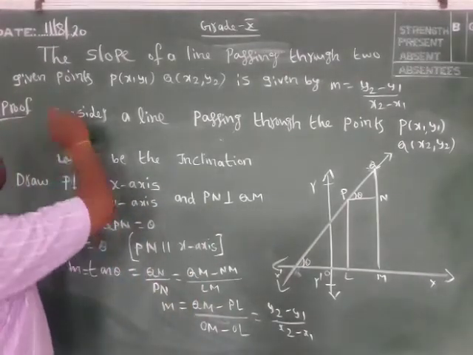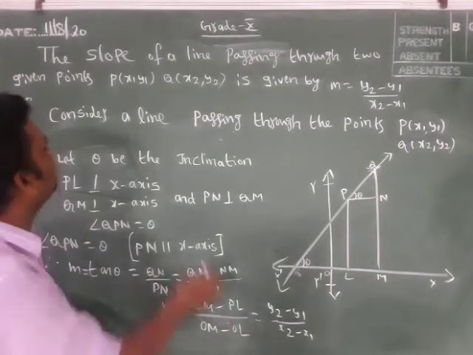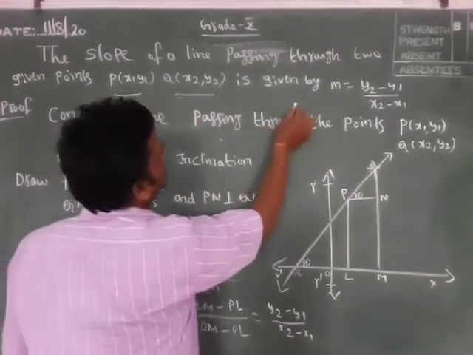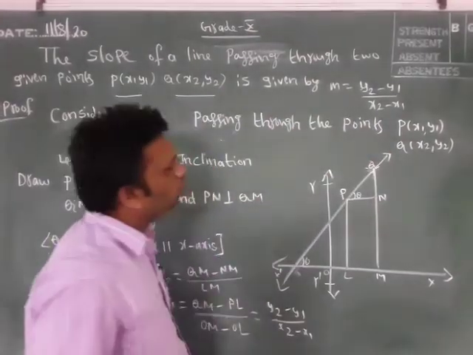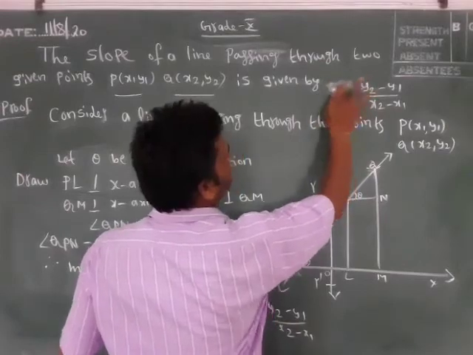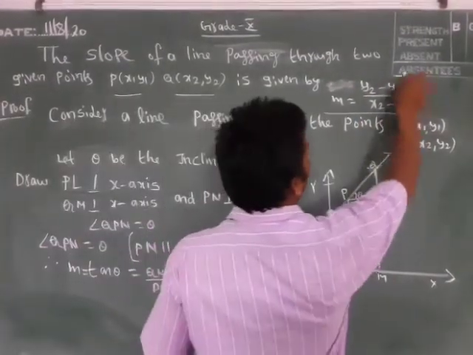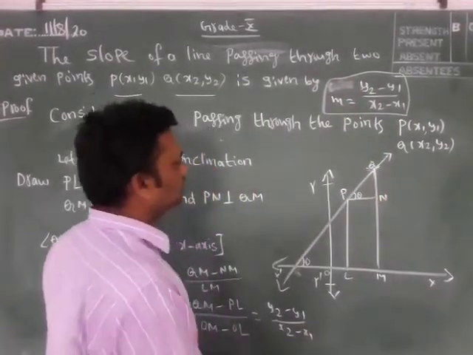The slope of a line passing through two given points P(x1, y1) and Q(x2, y2) is m = (y2 - y1)/(x2 - x1). This we have to prove now.